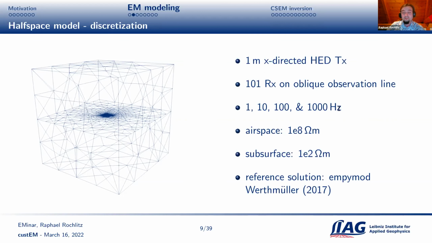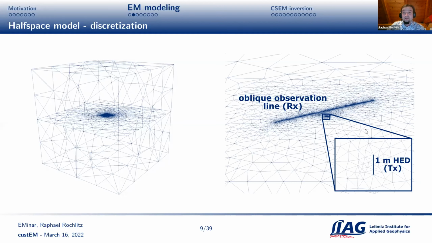We calculate 4 frequencies in the range of 1 to 1000 Hertz, with a very resistive airspace and a 100 ohm-meter subsurface, and we can get reference solutions for this half-space model by semi-analytic codes, for instance, MPMod. This is a zoom into the center of the area. The observation line I will present later is oblique to the dipole transmitter so that all components are non-zero.